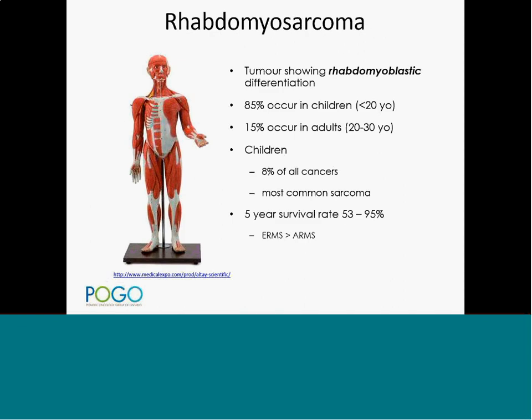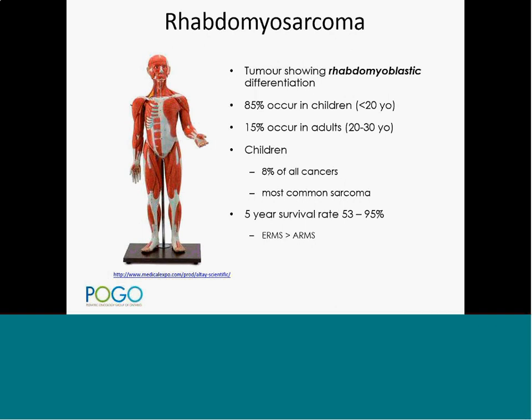So before I launch into the protocol, I just want to give everybody a brief rundown of rhabdomyosarcoma, and I promise this will not take long, because I'm sure almost all of you out there know this very well. But rhabdomyosarcoma, just so we're on the same page, are tumours showing rhabdomyoblastic differentiation.